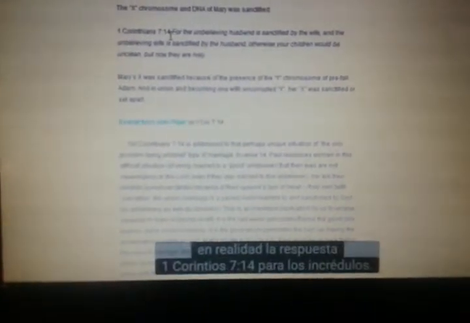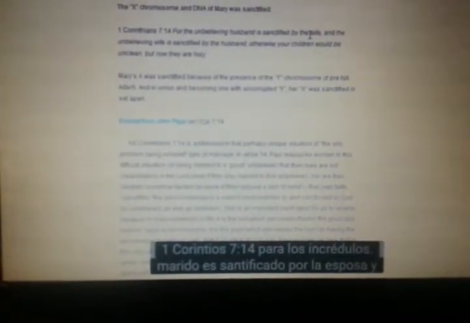1 Corinthians 7:14: for the unbelieving husband is sanctified by the wife, and the unbelieving wife is sanctified by the husband. Otherwise your children would be unclean. So if the husband is a believer and the wife is not, she's sanctified by him. So Mary was sanctified by the presence of a Y chromosome of a pre-fall Adam.